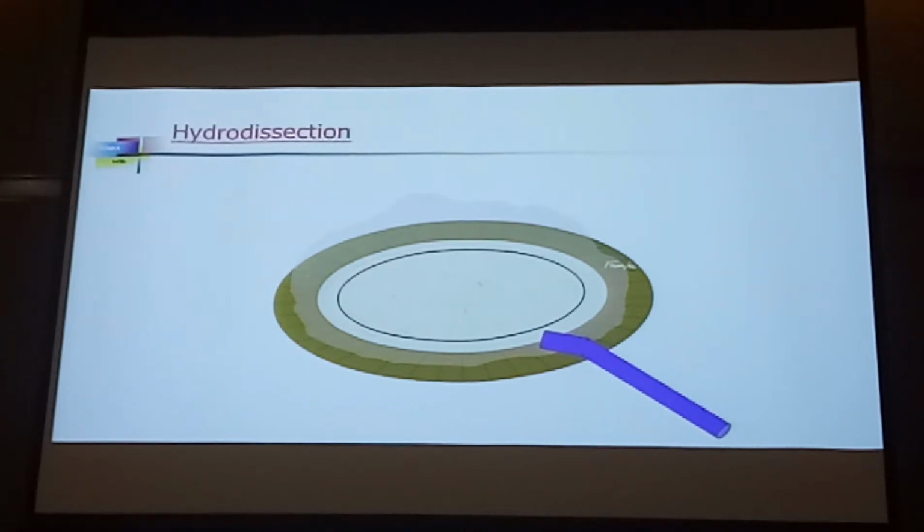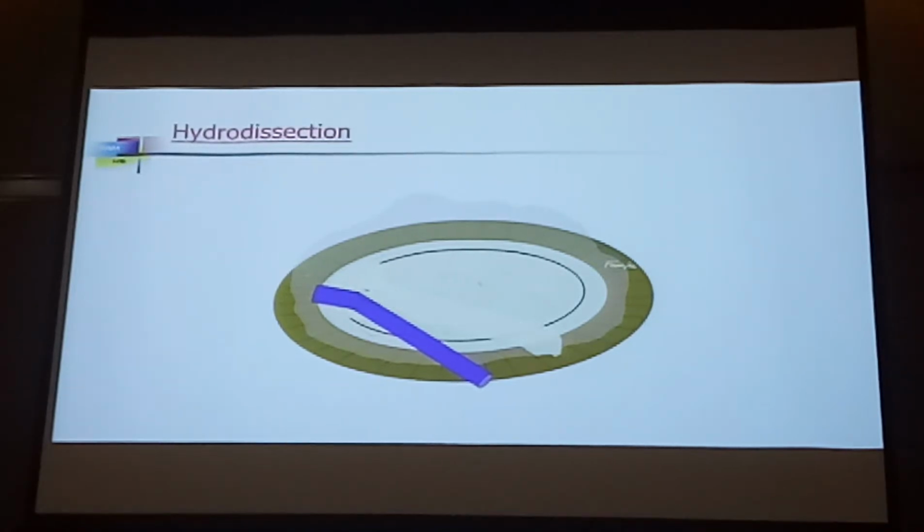How about hydrodissection now? Again, dispersive, not so much a problem, but if you're dealing with Healon Pro, Healon 5, you have to be a bit more careful. The best is as you enter, you inject BSS. The whole idea is to create an aqueous channel so that if you hydrodissect, any excessive pressure, there's a venting, the excessive fluid BSS can be vented easily.